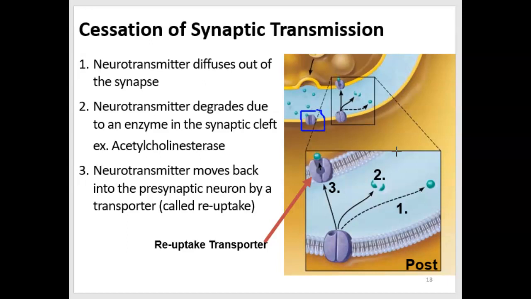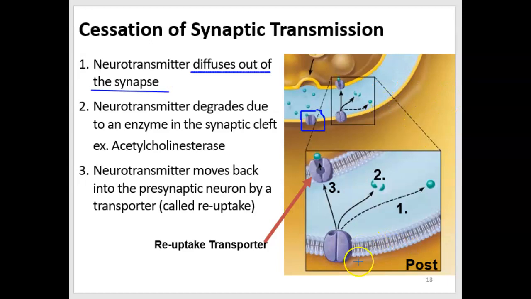And what happens is that with a certain rate, the neurotransmitter will actually come off of the receptor, because everything's a chemical reaction. So binding will stop, and then the neurotransmitter just diffuses out of the synaptic cleft.